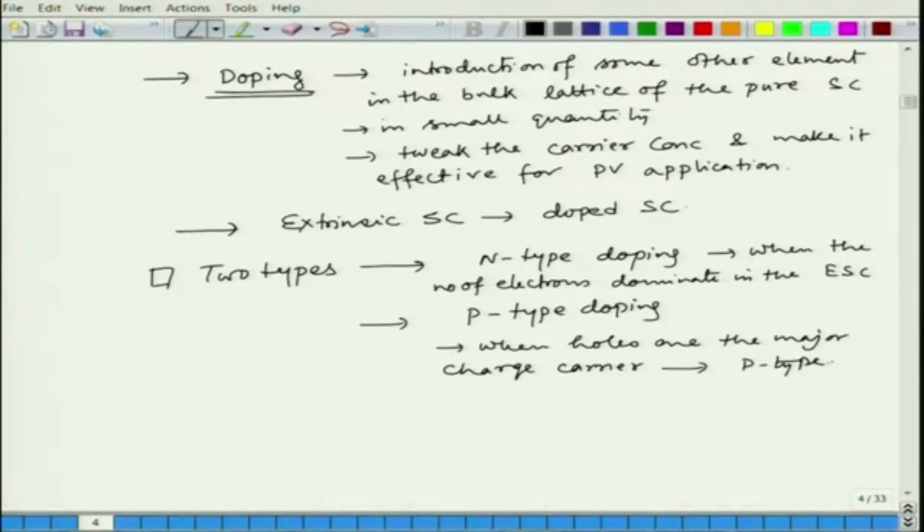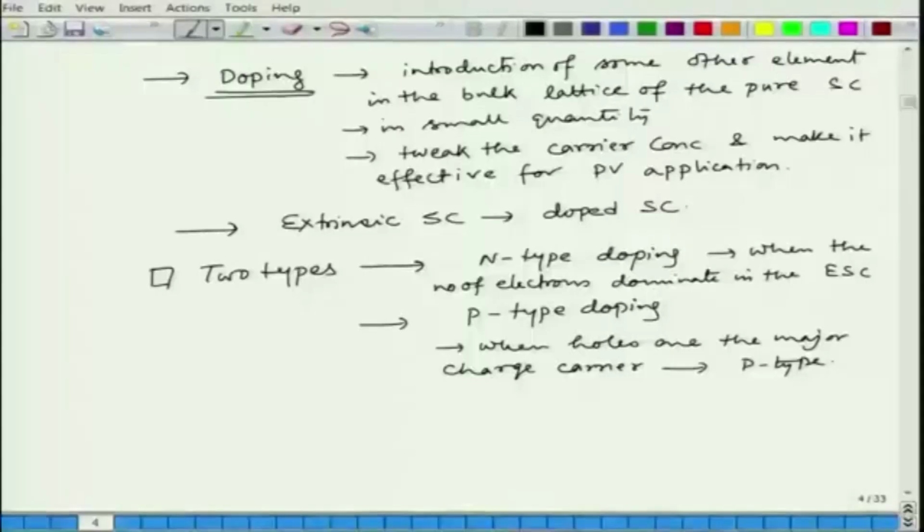What we have discussed so far is that every electron will have a counterpart of one hole. Now, how can we increase the number of electrons over the holes? That is the part where doping is introduced. With pure material you cannot do that. Okay.